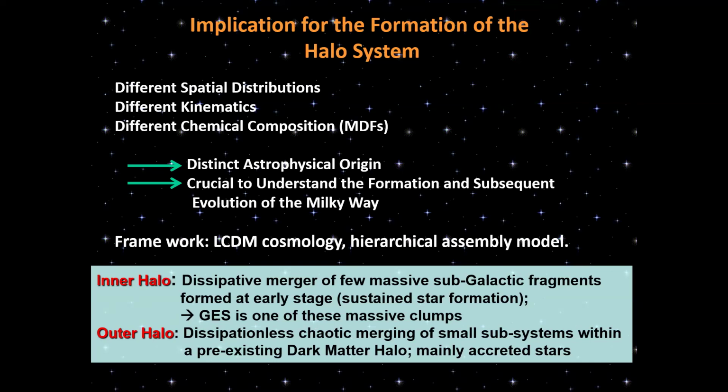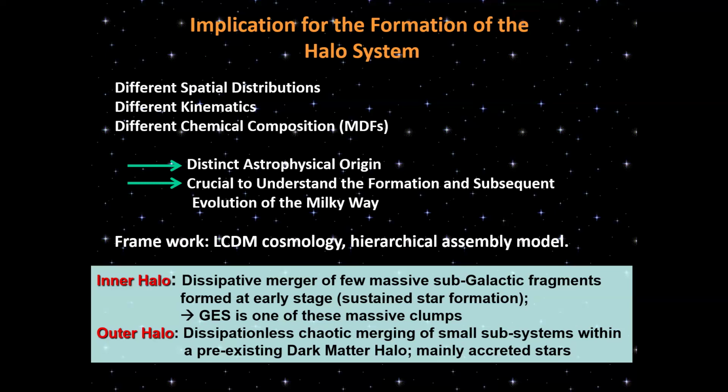These galaxies have a large amount of gas in them, sustained star formation, and the merger is dissipative because of such a large amount of gas. Gaia-Enceladus is one of these dissipative mergers, likely the last one, which occurred 10 gigayears ago.